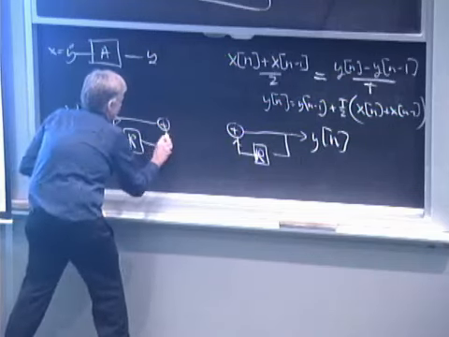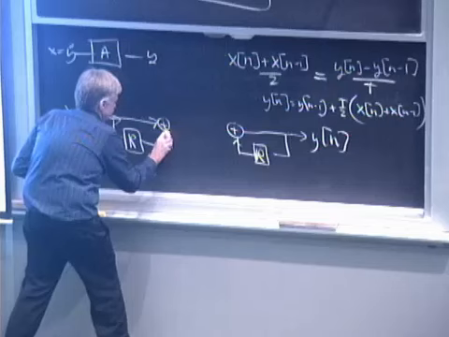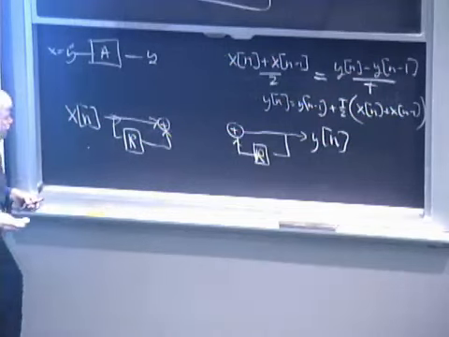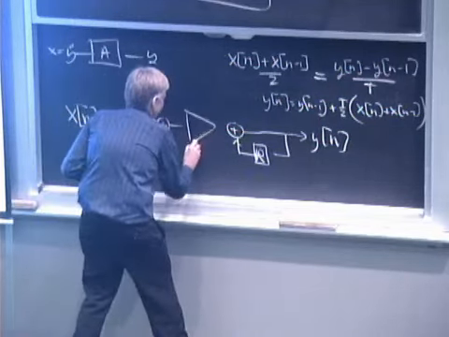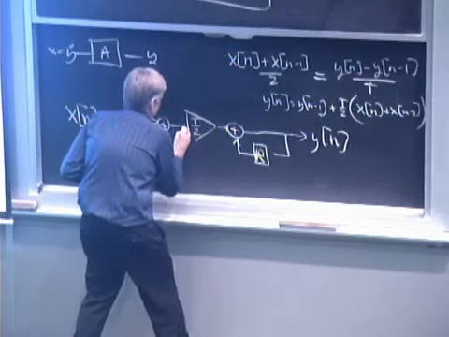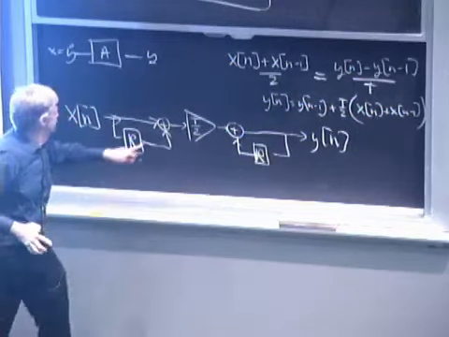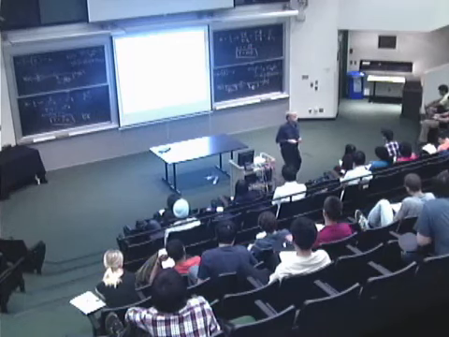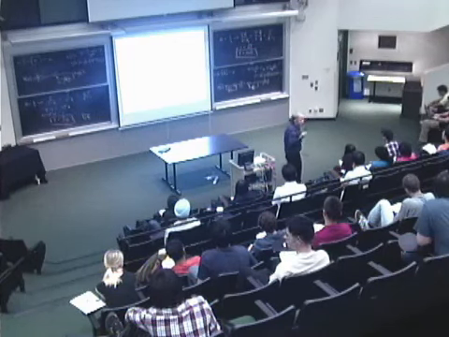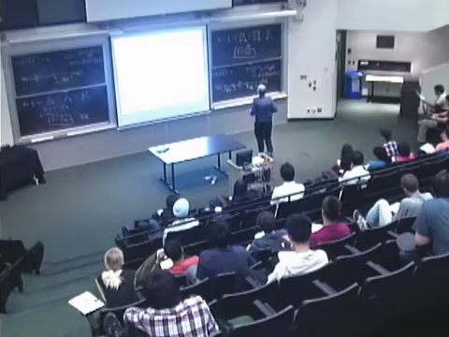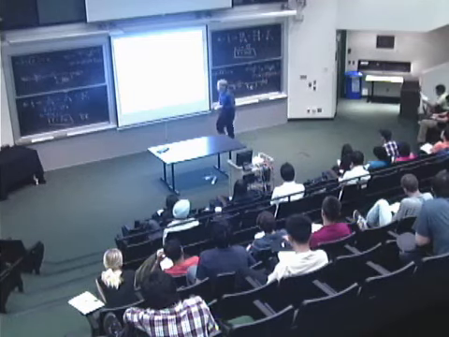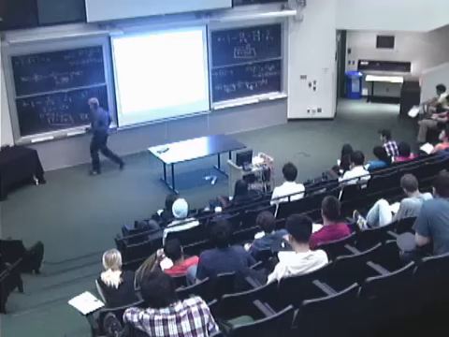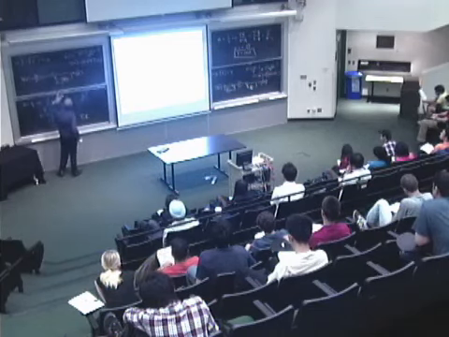So now I have the sum of x and a delayed version of x, and I put that through t over 2. So here's my new discrete approximation to the accumulator. And I do just the same thing I did before. I say, what's the relationship between s and z?